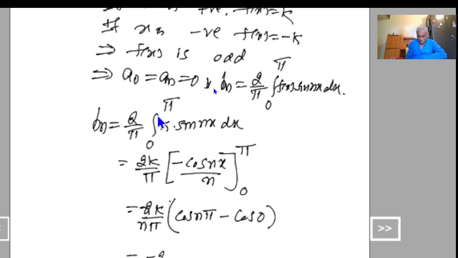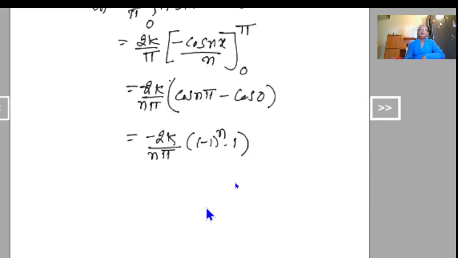So this is equal to minus 2k by n pi, cos n pi is minus 1 to the power of n, into cos 0 is 1. This is our bn. bn is minus 2k by n pi into minus 1 to the power of n minus 1.